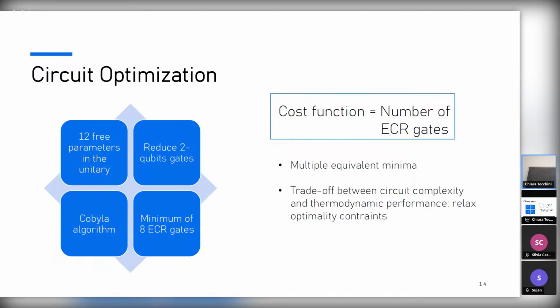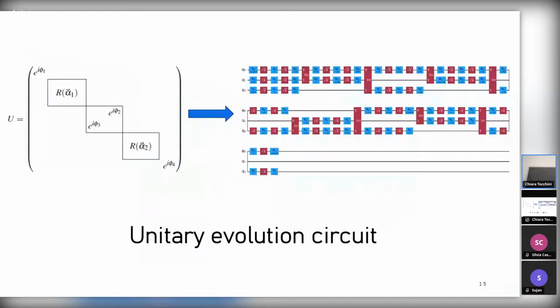So we see that the minimum number of these gates is 8, and we don't have just one set of parameters, but we have multiple minima. And this is the circuit after the transpilation and the optimization. So we have 8 ECR, and here we set all the phases to 0.